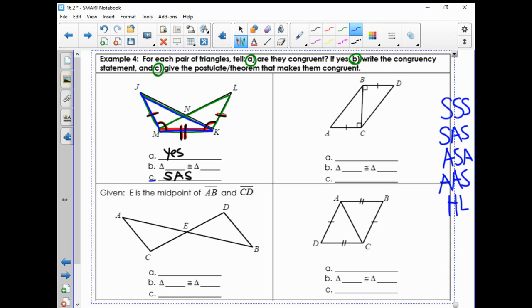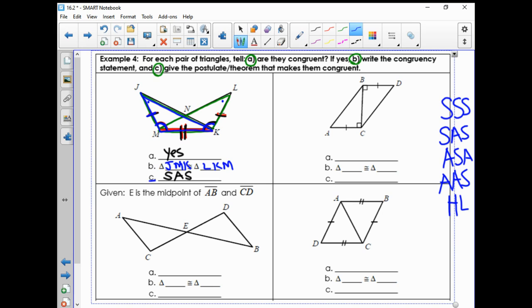I'm just going to call the first triangle JMK. J is the angle that touches my line with 1 tick, so that's going to be congruent to L over here. M, I knew was congruent to this angle K, so I'll write K next. And then K is going to go to M. So that's my triangle congruence statement.